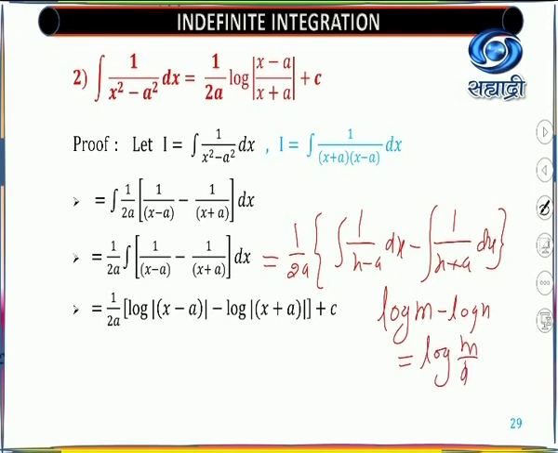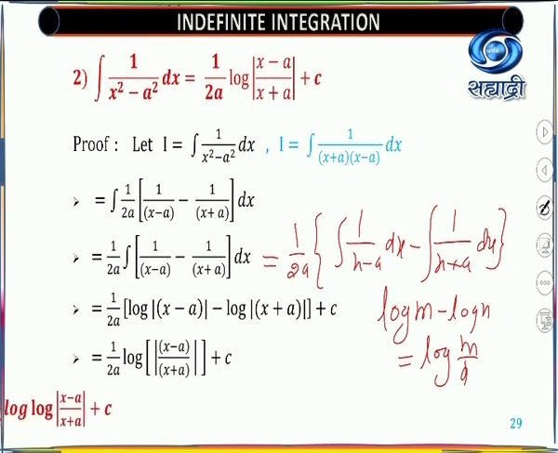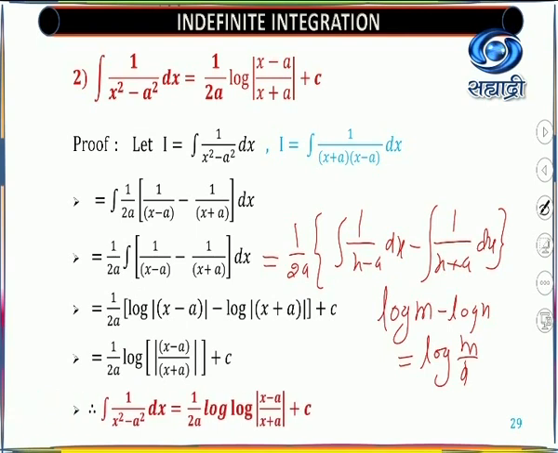Hence you will get your result as 1 upon 2a log mod of x minus a upon x plus a plus constant of integration. Okay, so what will be your value? Your value is nothing but 1 upon 2a log mod of x minus a upon x plus a plus constant of integration. This is your formula.